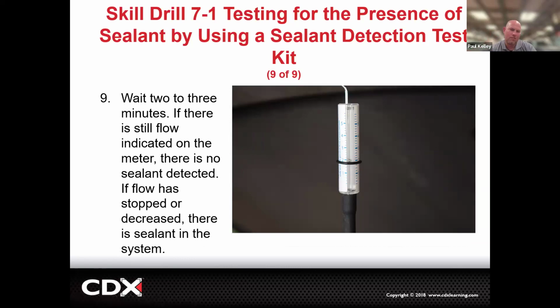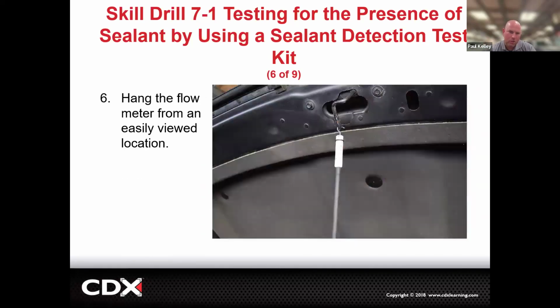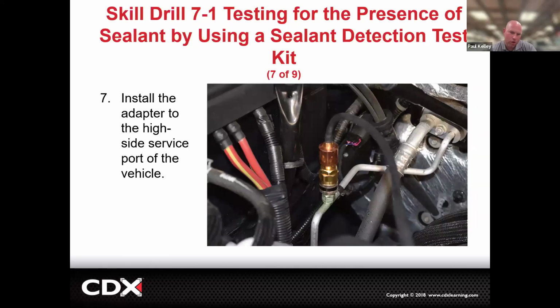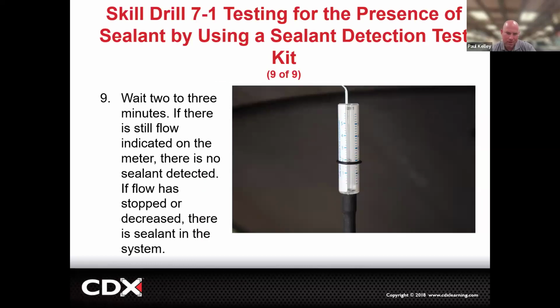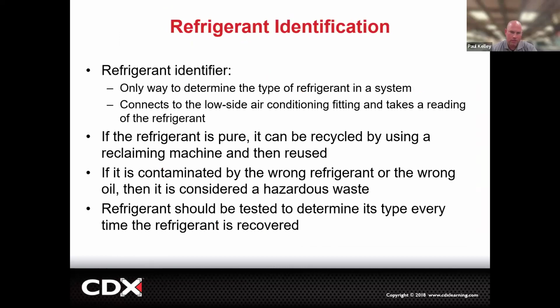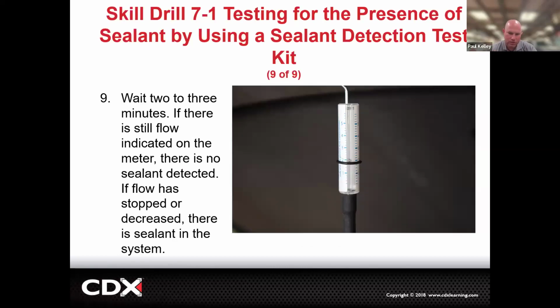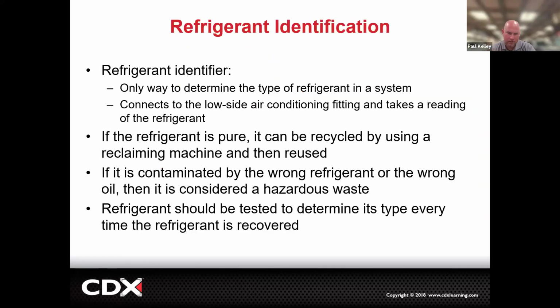Makes sense? Or if it even decreases, like right now we're at a 2. If it drops to a 1 after time, that'd probably be like, hey, sealer is sealing up this leak that we made on purpose with this hose. Okay, so that's the overall. Again, it's not something that we super commonly do, but that's a way that we could test for sealant. The identifier doesn't test for sealant. This is the identifier.